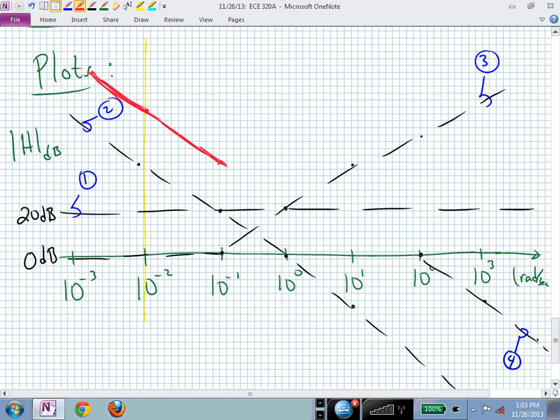But now, if I'm looking at what's happening, something magic happens right here. Now I get a change in slope because of that 0. That 0 introduces a slope change. I'm coming down in the red curve. That's my total. That's my complete Bode plot curve of the magnitude, the red curve. I'm coming down at 20 dB per decade.